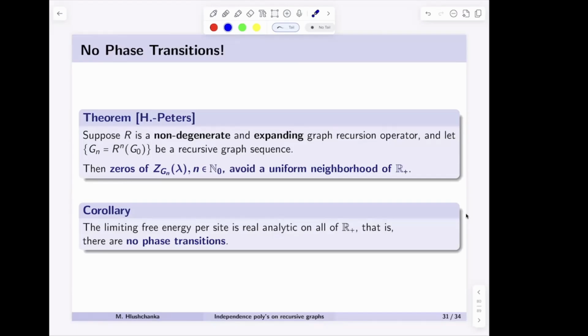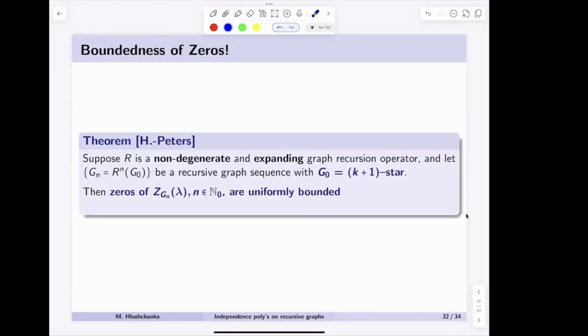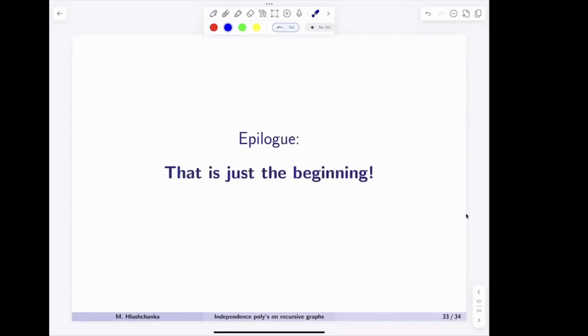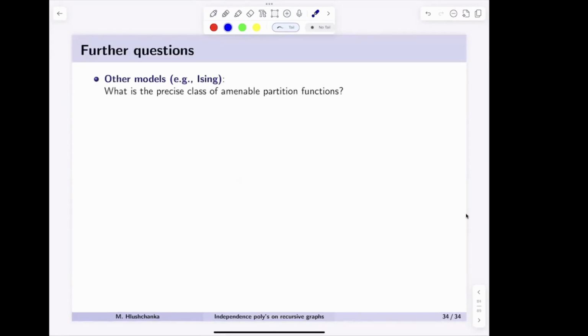And in just the remaining time, let me tell you some questions that are still open and are very interesting to study. So what can we say about some other models, in particular the Ising model?